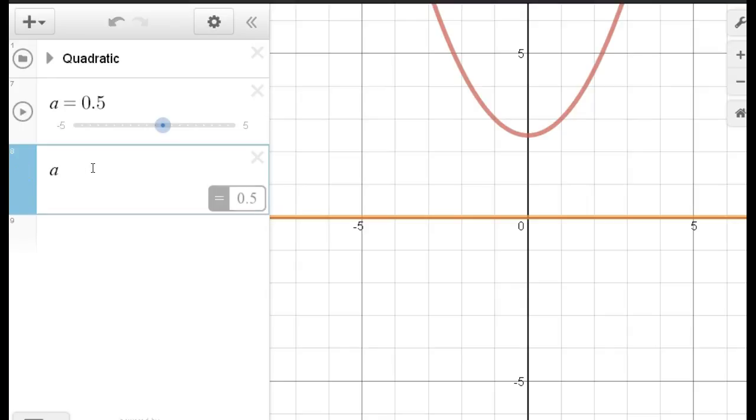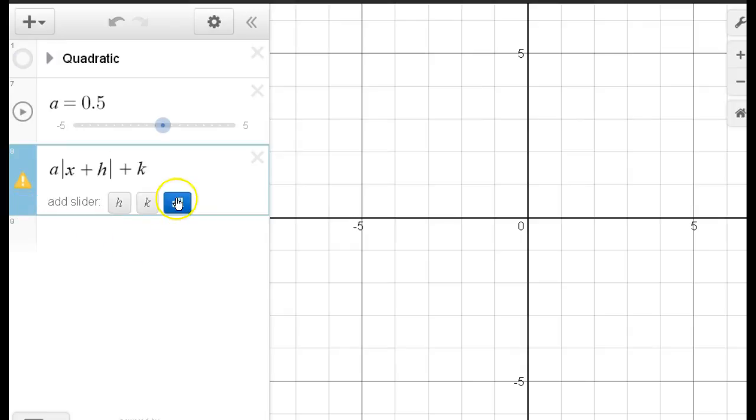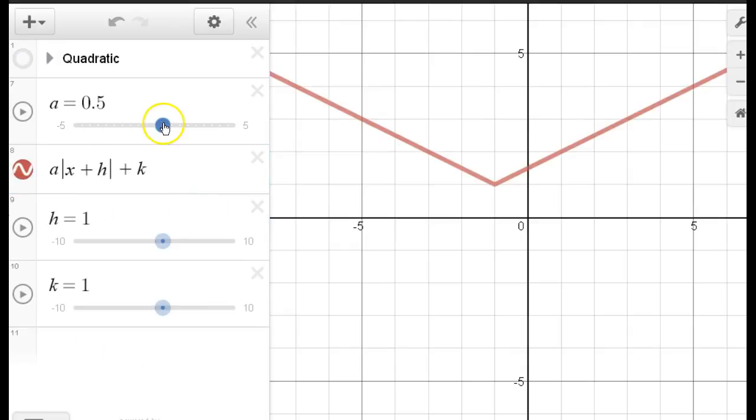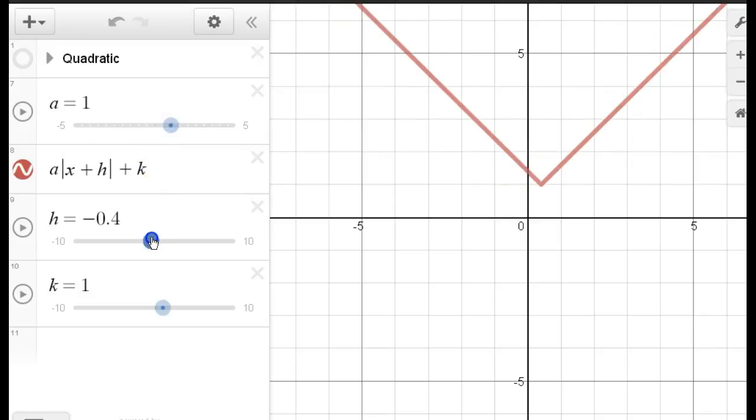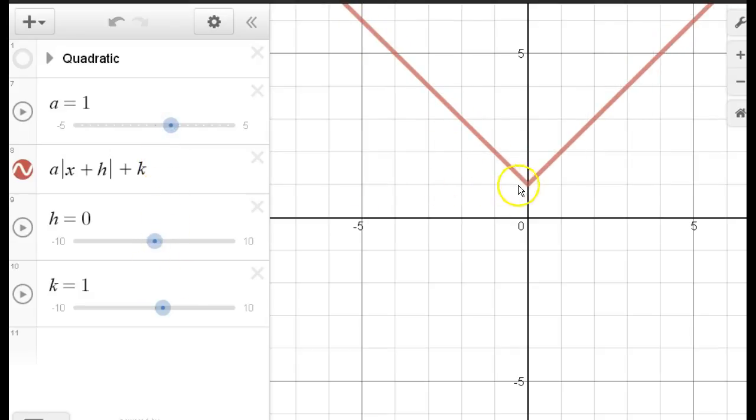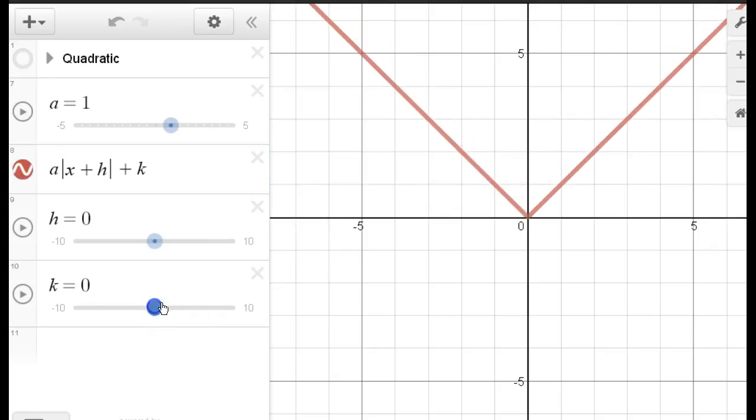Absolute value. There we go. x plus h plus k. Okay, there we go. That one. And let's do a little reminder about this format and how do you graph them.